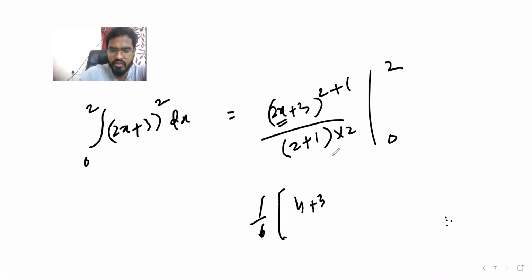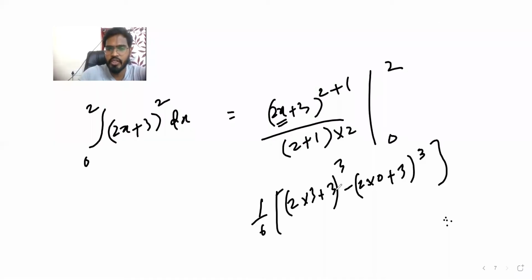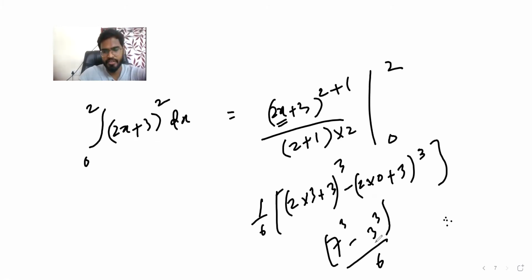If you put 0 here, then it is going to be 0 only, and then 3. So 7 to the power 3 minus 3 to the power 3, divided by 6, that is going to be our integration. Fine.